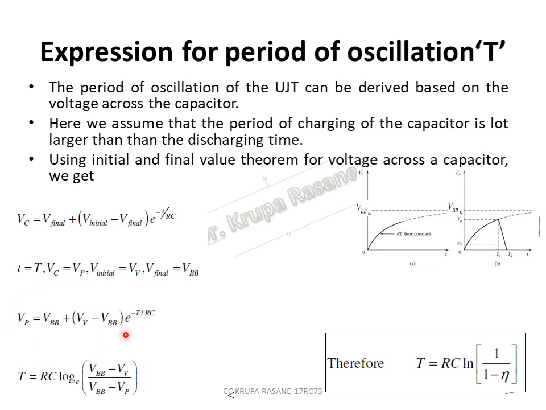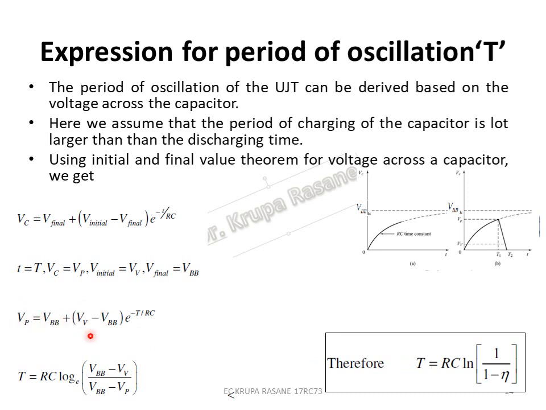Now, if I solve this expression, I will get T equal to RC log of (VBB minus VV) upon (VBB minus VP). When deriving this, we should remember that e to the power of minus T by RC is the same as 1 upon e to the power of T by RC. Then you take it to the left hand side and this becomes V peak minus VBB.